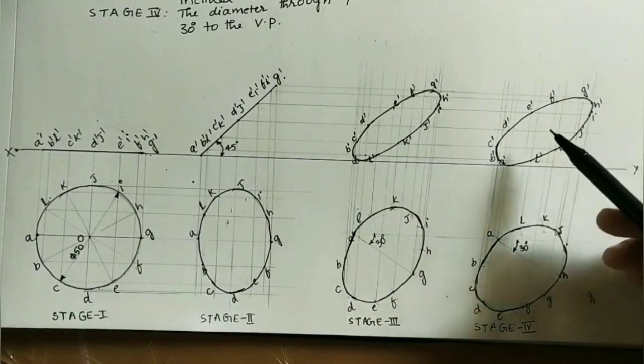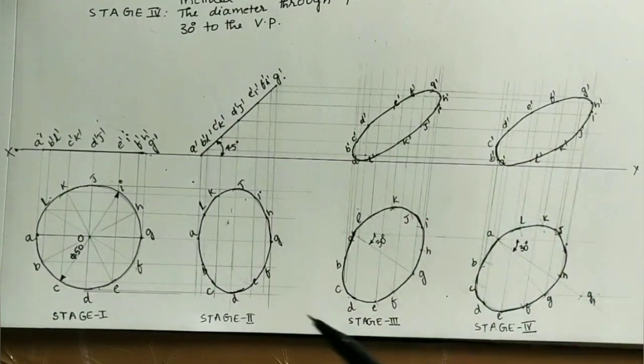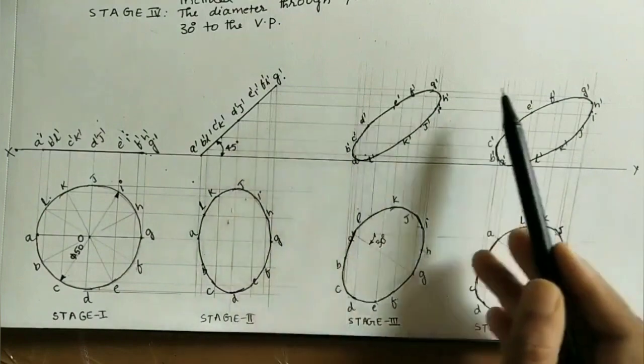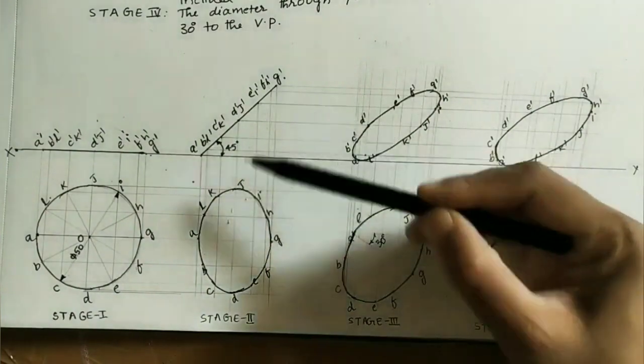This is stage 4, final front view, final top view. So in all these stages, both front view and top view should be in dark color compared to the horizontal projector lines and vertical projector lines.